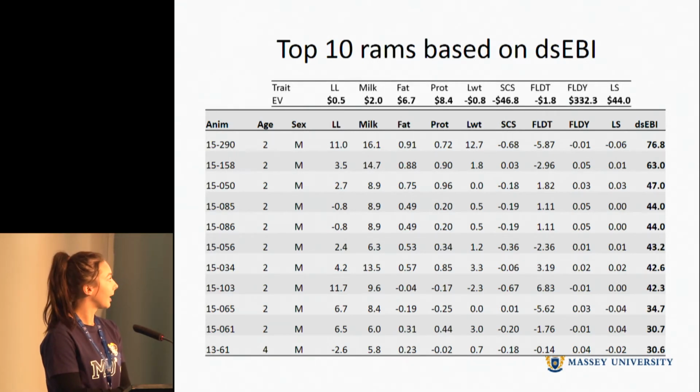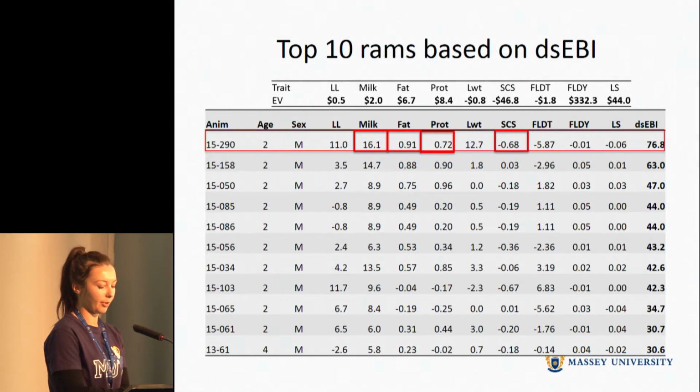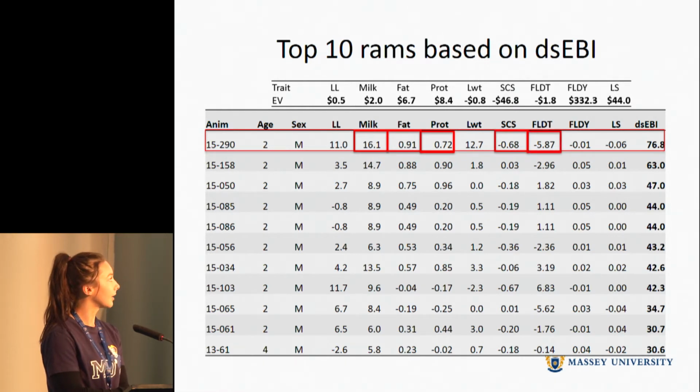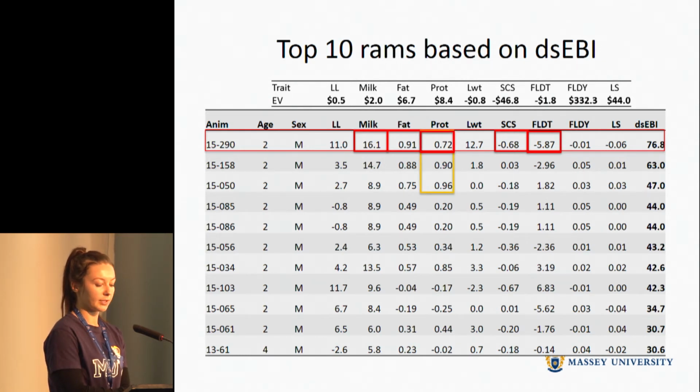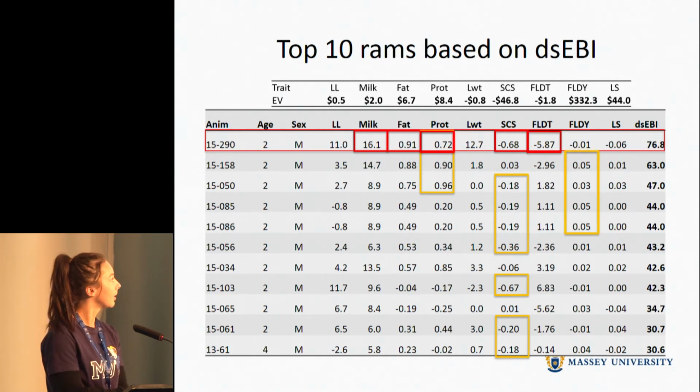Here the top ram has an index value of 76.8, and they have the potential for producing progeny which have high milk yields, high fat yields, high protein, low somatic cell count, and a very fast first letdown time. Other rams also ranked with high index values based on the estimated breeding values for protein. The majority have negative somatic cell score, which is desirable, and also high first letdown yield.